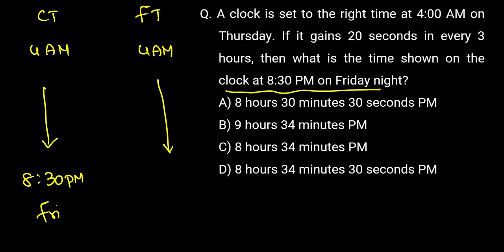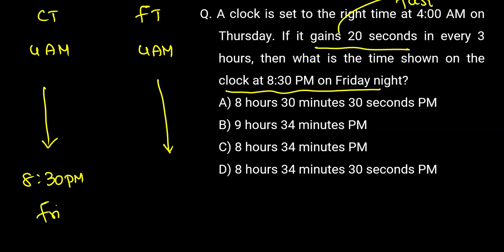One thing I get from the options at least: options are more than 8:30, right? Means they're asking the fault one. Is the fault watch fast or slow here? Gains means fast. So your watch is traveling more than the given. All options are more than the given, meaning they're asking the fault one only.